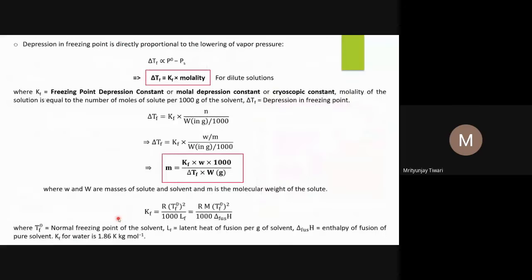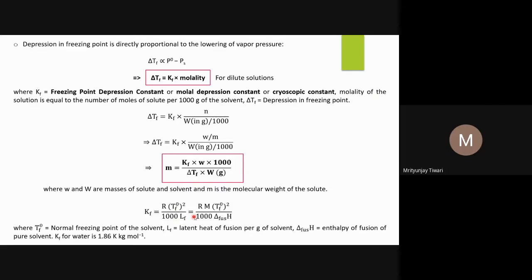Whole square divided by 1000 into Lf. Lf is the latent heat of fusion per gram, or latent heat of melting; they are both the same. So Lf is the latent heat of fusion per gram of the solvent.